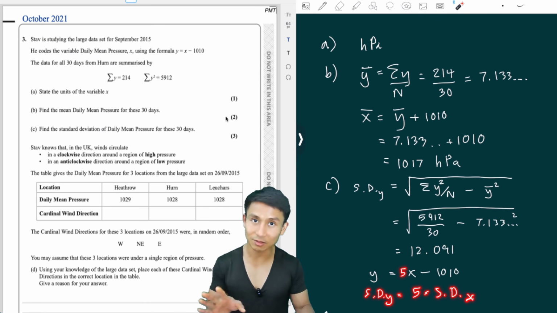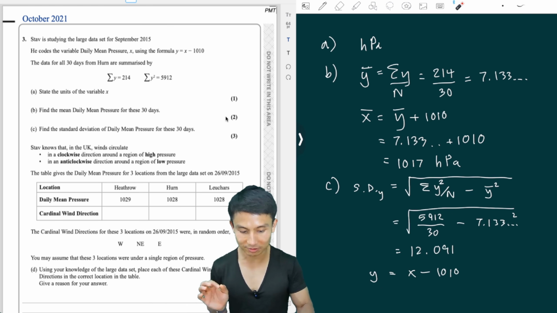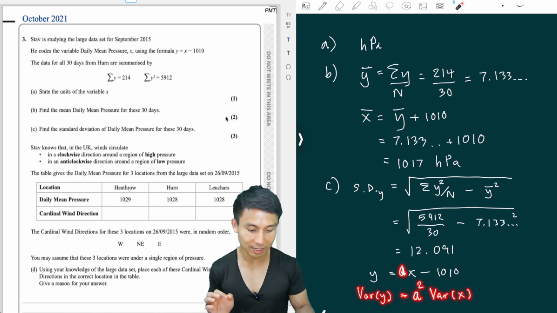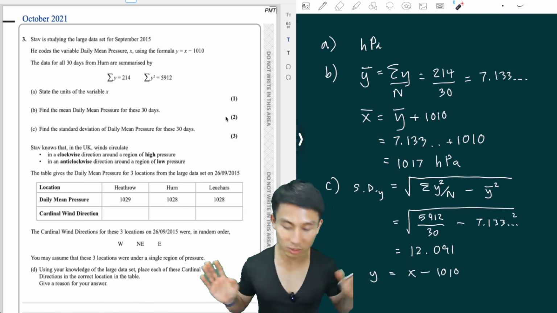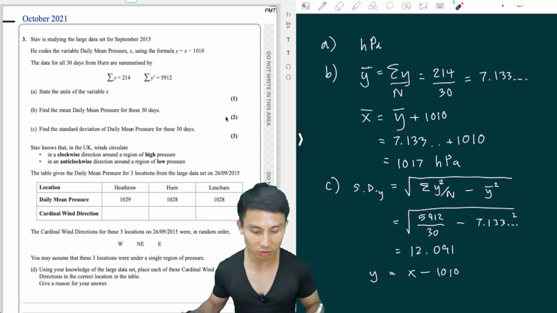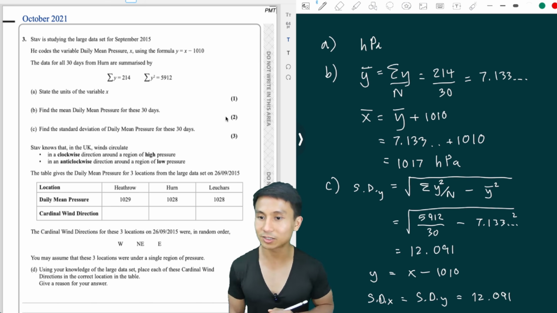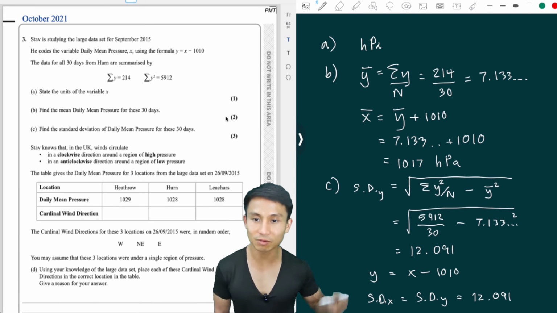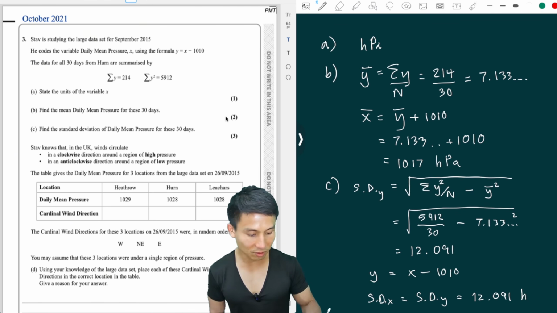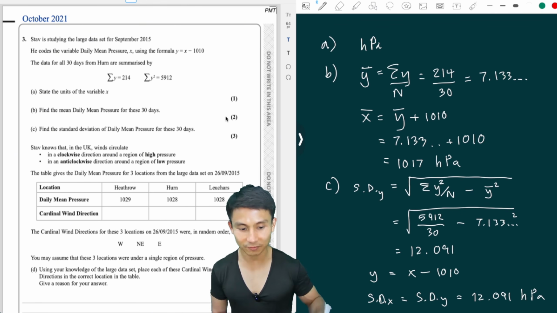Note that this is different for variance, where the coefficient gets squared: the variance of y would be a squared times the variance of x. In this case we're doing standard deviation and the coefficient is 1, so the standard deviation of x is just the same number as that of y. That is the standard deviation of the daily mean pressure for 30 days, and we're going to put hectopascal as well. So that's for C.